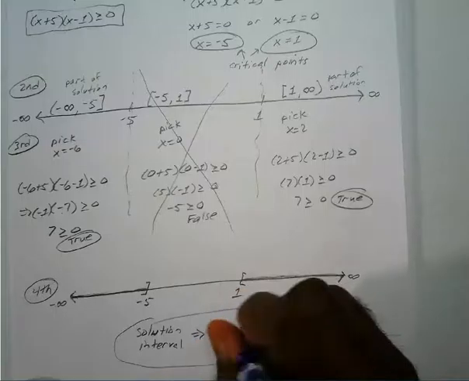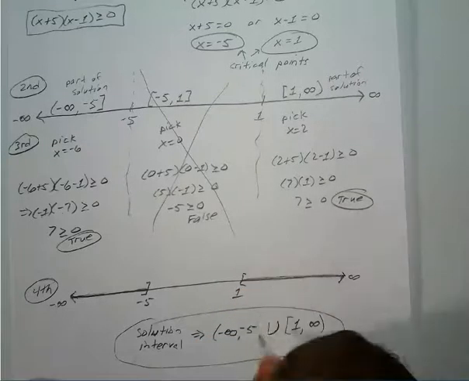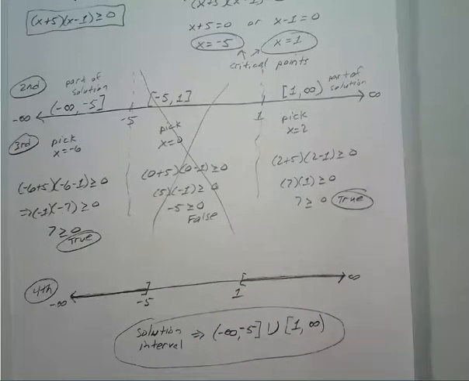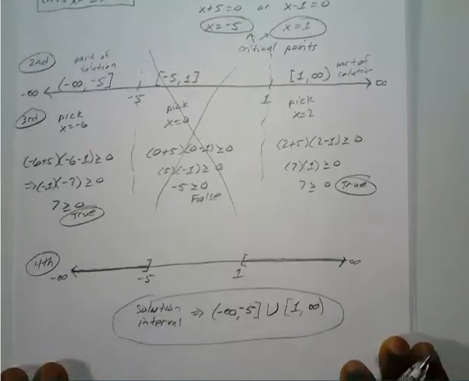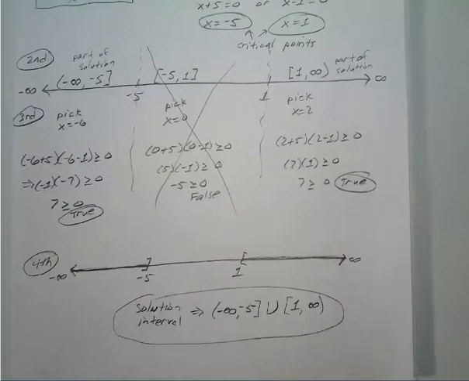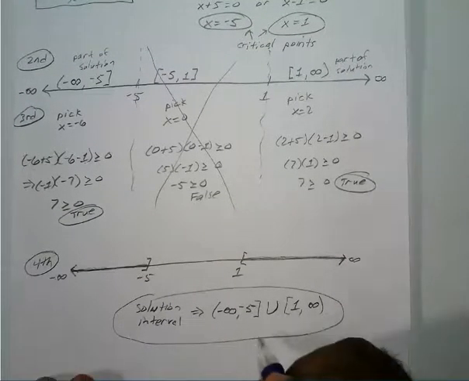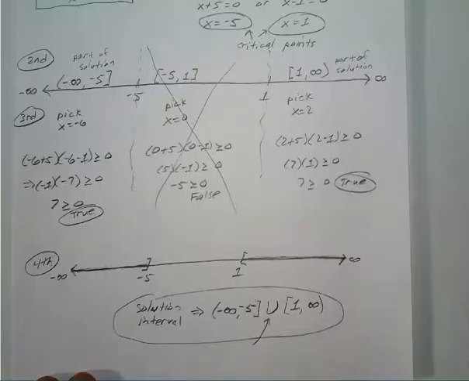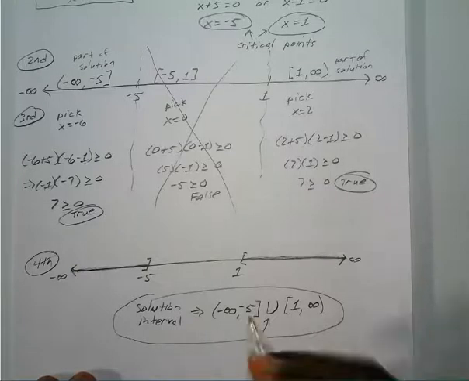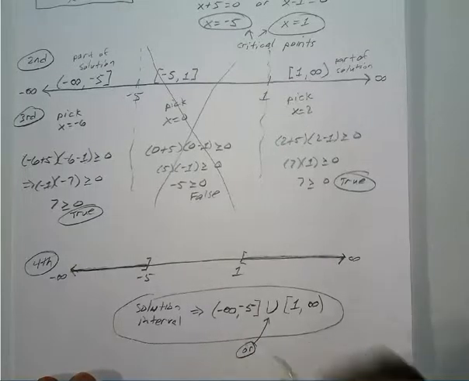And once again, I forgot my bracket here. There we go. Okay, so that would be your solution interval. That symbol kind of looks like a rounded U. That's kind of your OR.